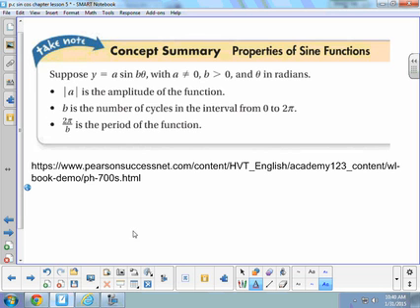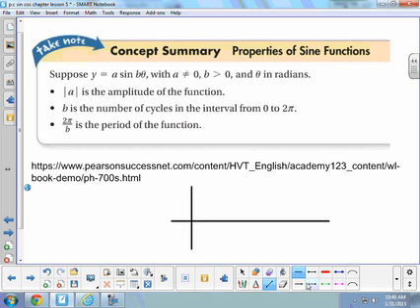A couple things I want to point out with a sine graph. We're just going to do a really basic one right here. Let's say our period is 2 pi. Half of that would be pi. Half of that would be pi over 2. And I always divide it into fourths.